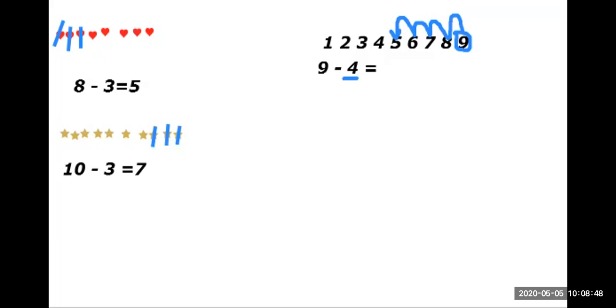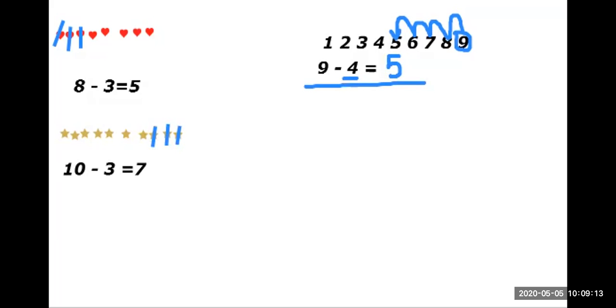So what's the difference? 5 is the difference. 9 minus 4 is equal to 5 is our subtraction sentence.